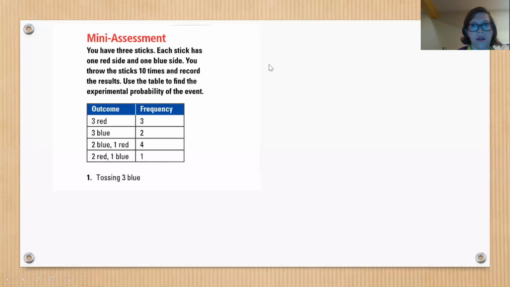Okay, so we know we are finding probability, right, of 3 blue. So this is the experimental probability that we are finding.